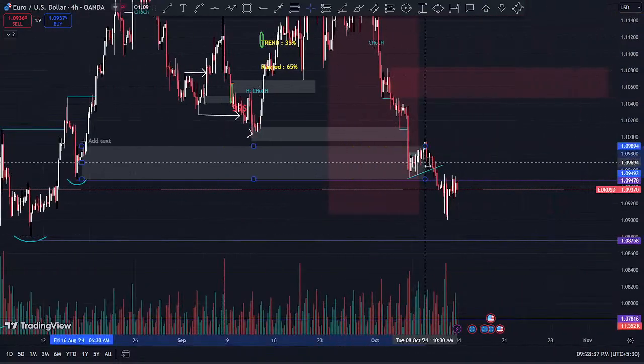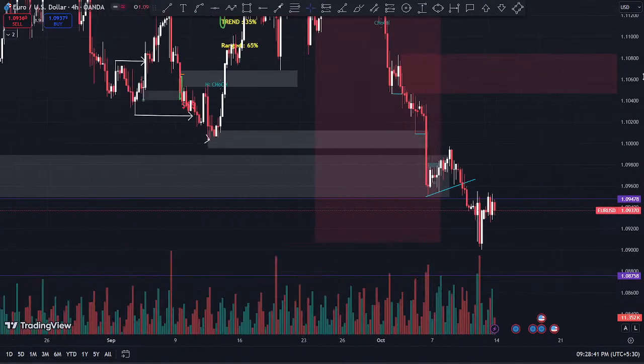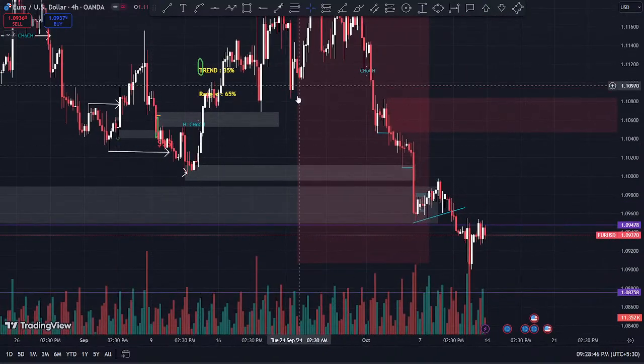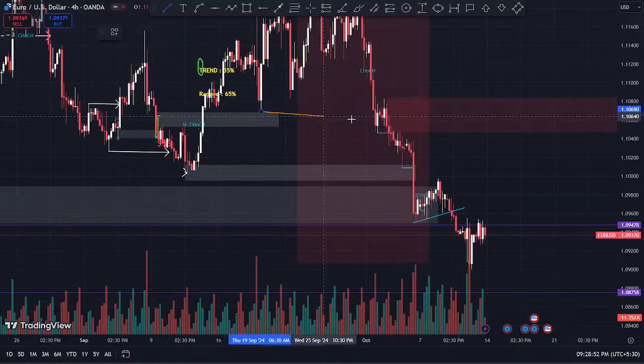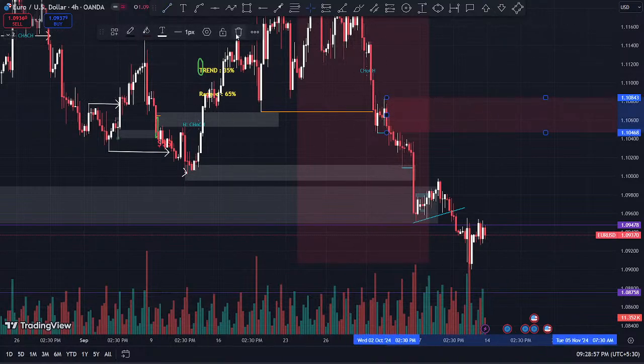But what did we have here? We had a higher time frame demand zone. Since we have shifted bearish over here and we broke the structure, you can mark this also. So you can consider this as a break of structure too. Okay, so now we are here.